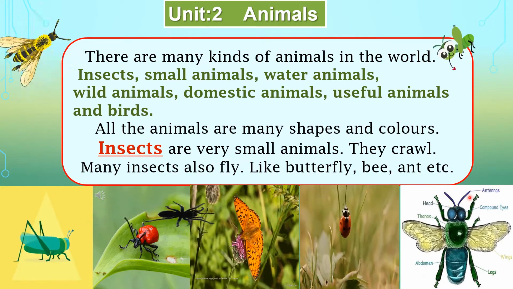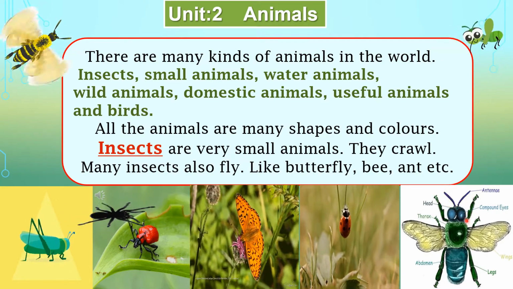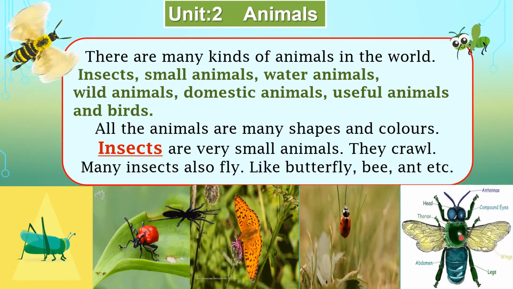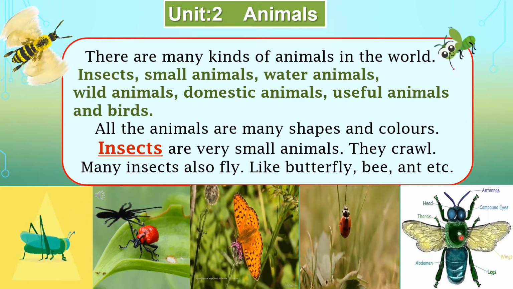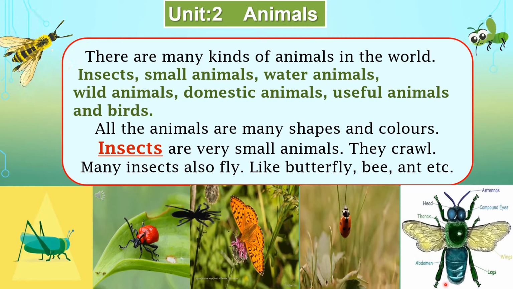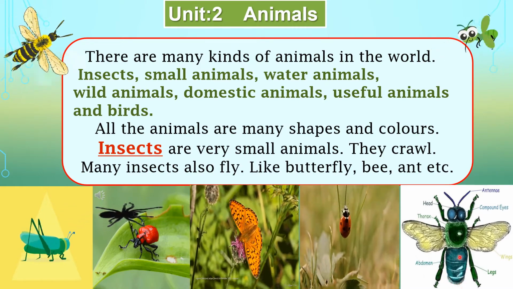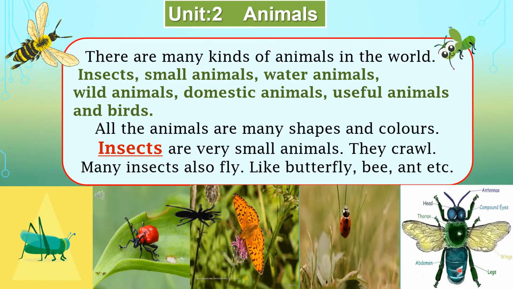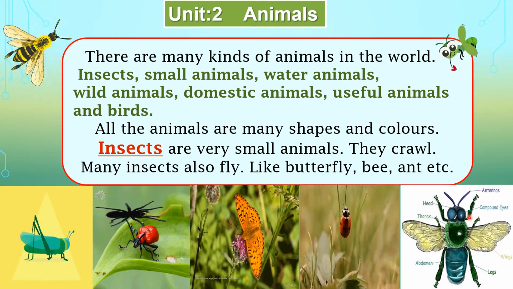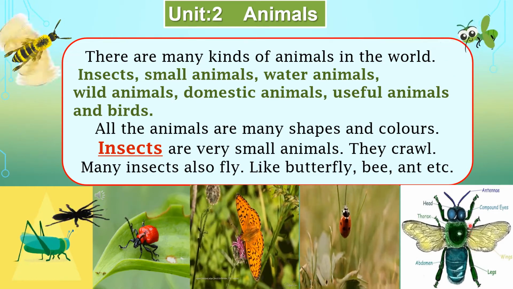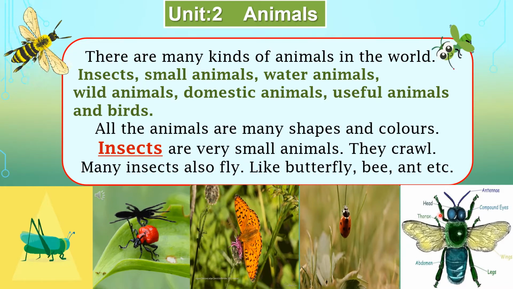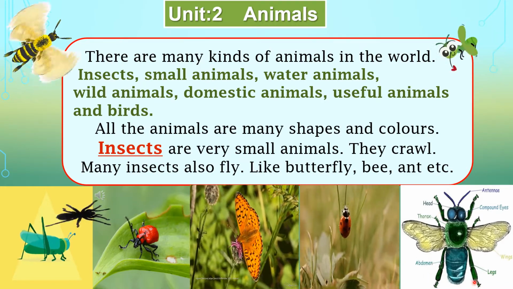And this green part is its thorax, and this last part is the abdomen. We have read in the first unit also that insects have 6 legs. These are the 6 legs and 2 antennas.